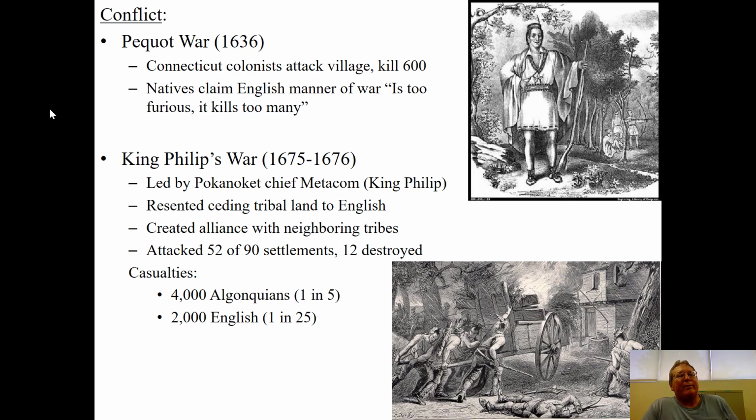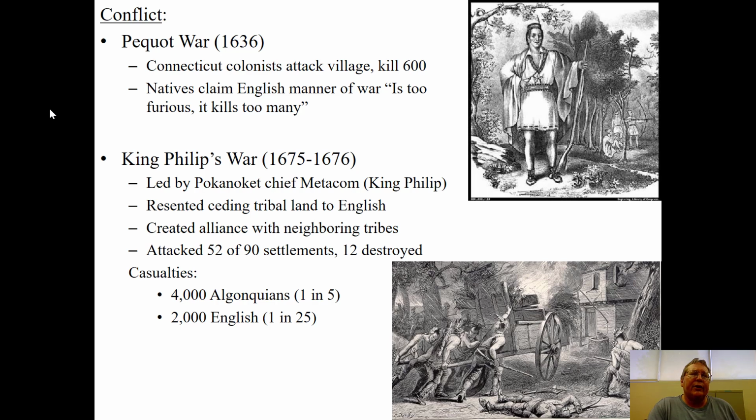But maybe the most famous example of these tensions between English settlers in the New England region and Native Americans is what happens in the 1670s, a thing called King Philip's War. During this period, the Algonquin language group has a variety of tribes throughout the New England region, all the way down into what is Virginia today.